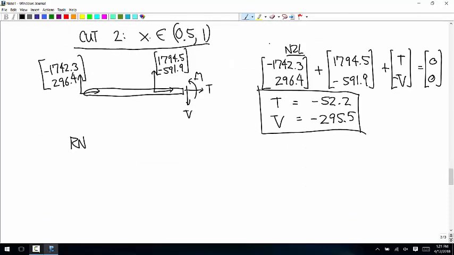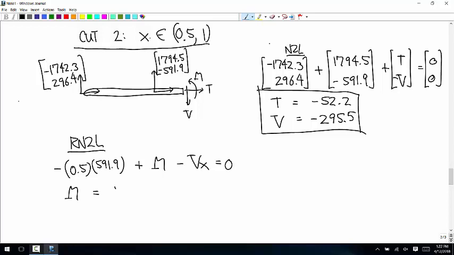And then the moment equation. We have a moment produced by a downward force of 591.9. Horizontal components don't produce moments. So we have a moment arm here of 0.5 and a force magnitude of 591.9. That's a downward force, so that would be a clockwise moment. And then we have plus M minus Vx is equal to 0.